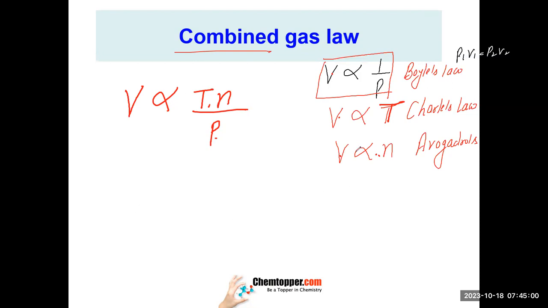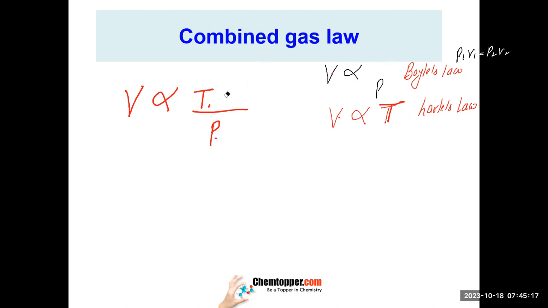Okay, I'm sorry, I think I started deriving the ideal gas law. No, ignore this one. Just combine these two important laws. Ignore the third one. If I use the third one, I will get the ideal gas law.